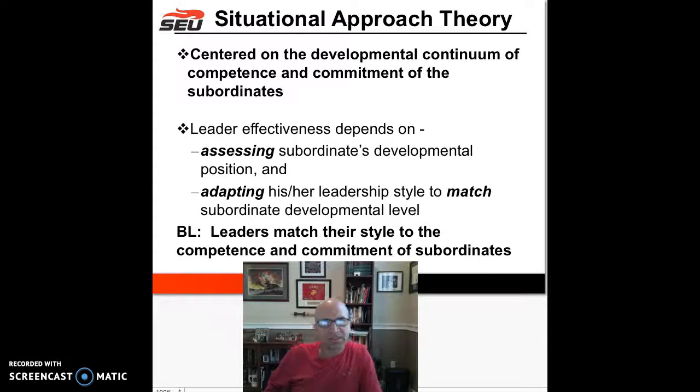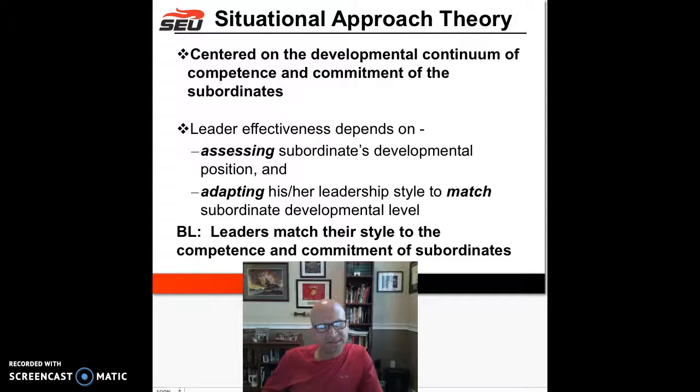The first one I want to talk about is the situational approach theory. It was put into practice in 1969 by two gentlemen, Paul Hersey and Ken Blanchard. The theory really centers around the development continuum of the way subordinates develop over time.